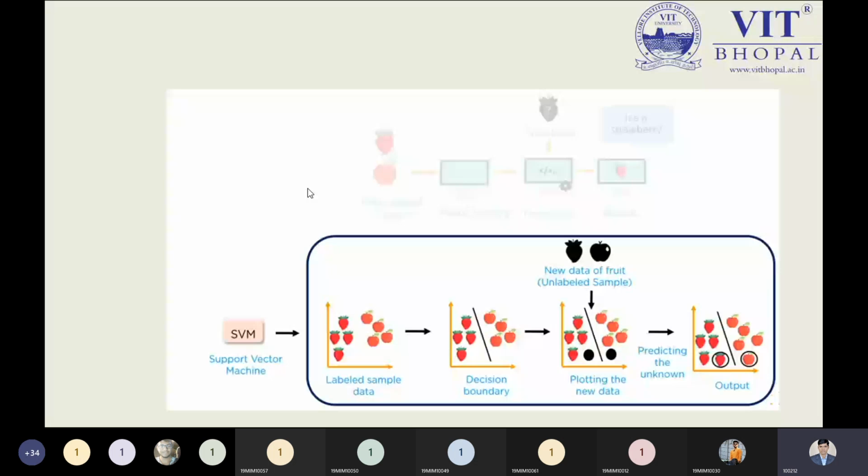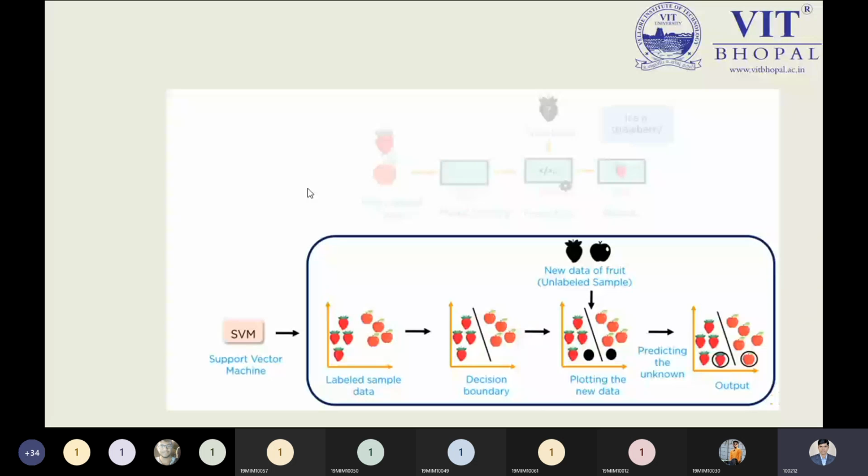When I put in new data of a fruit, that is unlabeled data, of course, because that data is not guided. It could be anything, any fruit, a mango, a grape, or any other kind of fruit. When I plot the new data here, my model will predict the unknown data.